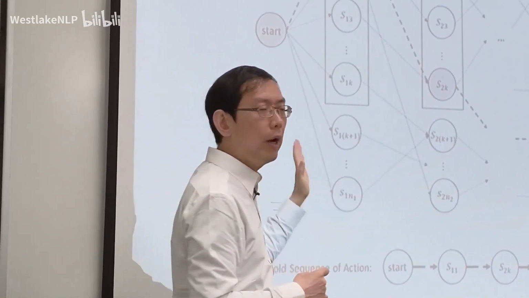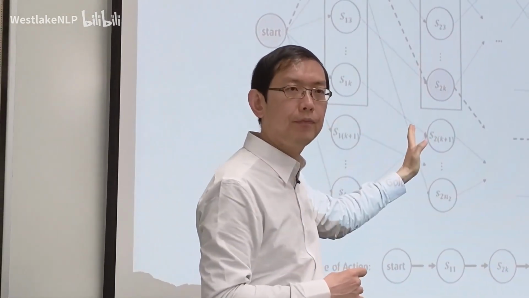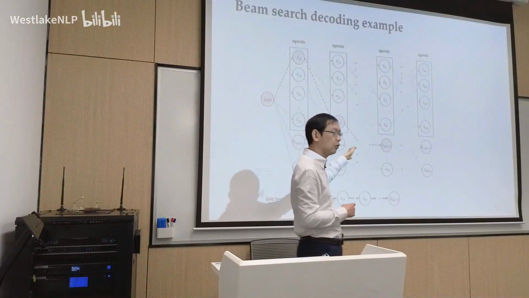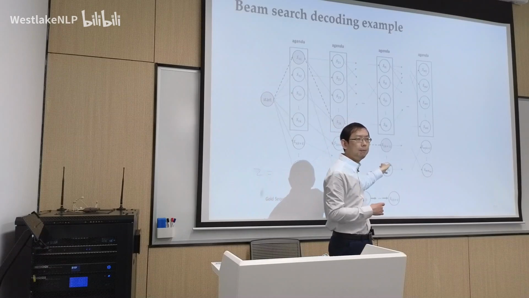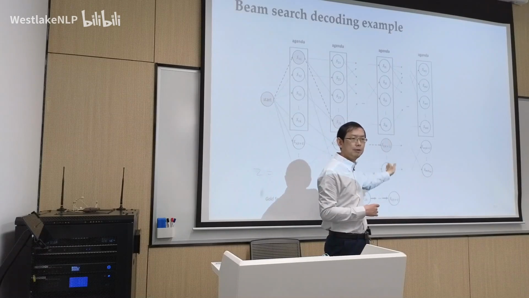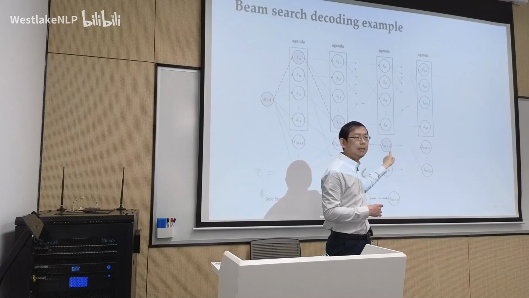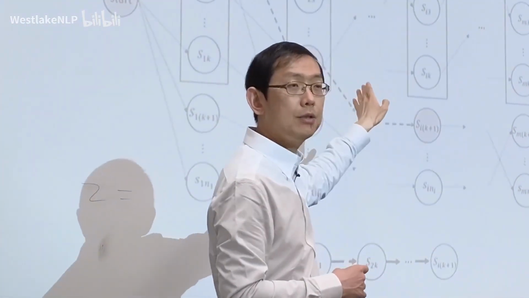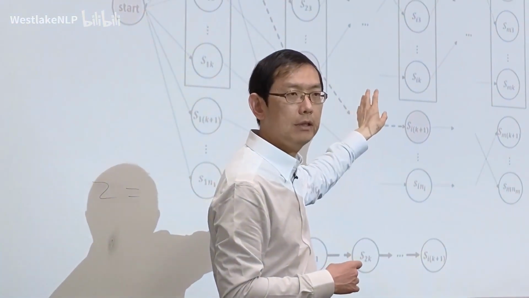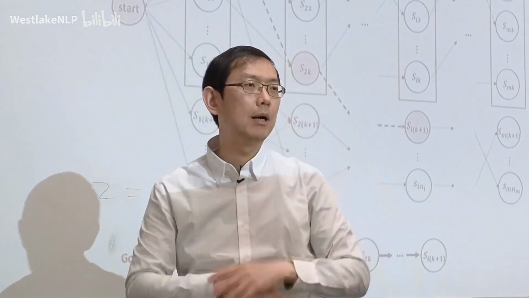Okay, we run beam search and we observe the gold sequence. If it falls off the beam, we stop the search process. And we take this one as a positive example, and I take the highest scored action sequence as a negative example. I perform perceptron update, okay?